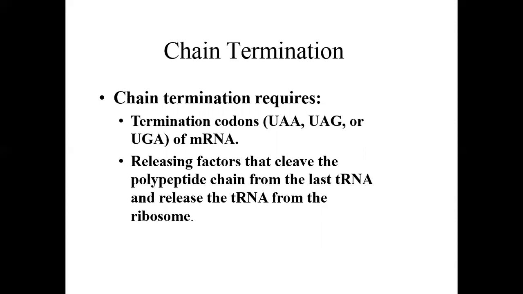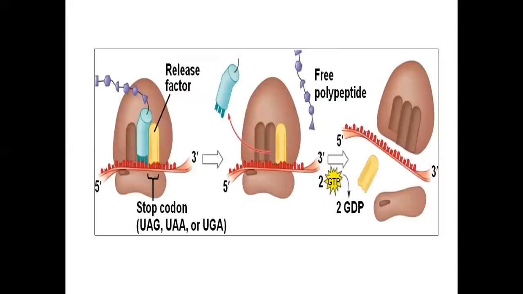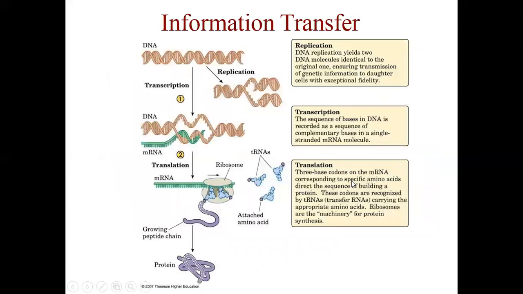So this is the release factor which binds at the ribosome, and it helps the tRNA to be removed from the protein synthesis machinery, and it also frees the polypeptide chain. And GTP is now used, which provides the energy to release the ribosomal subunits from the mRNA.